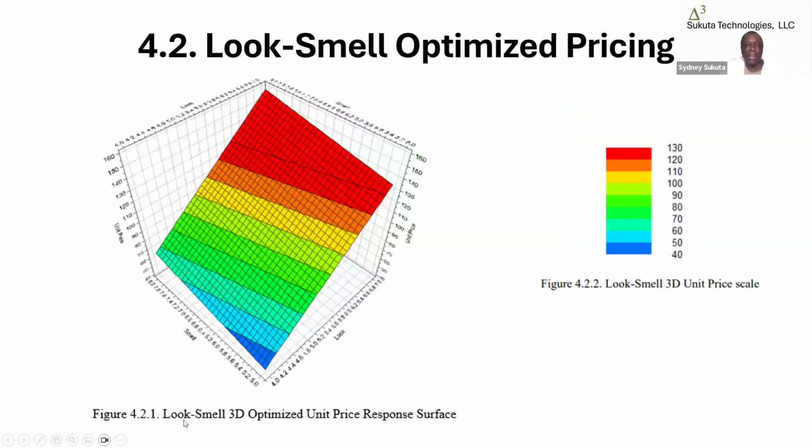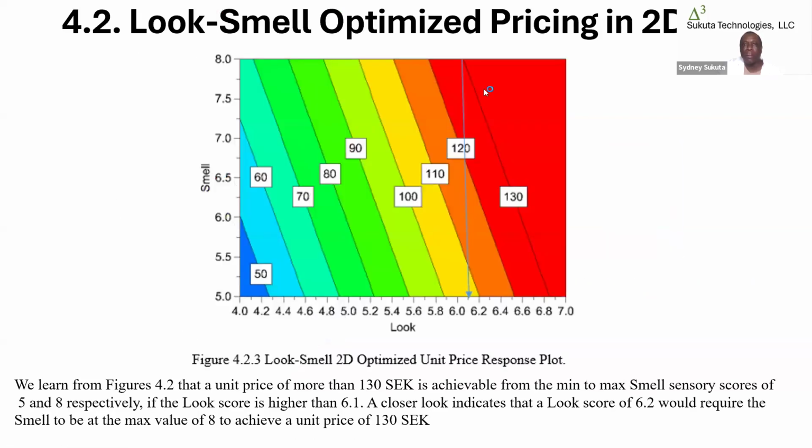Okay, we'll look again here at look and smell. We're going to go right to the 2D plot. And we see that starting with a look of about 6.1 as it increases, and a smell value of 8, as the look increases, we can pump up the price to 130.